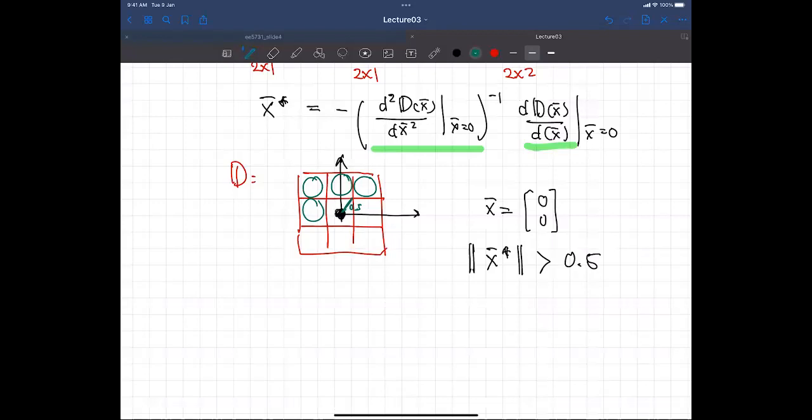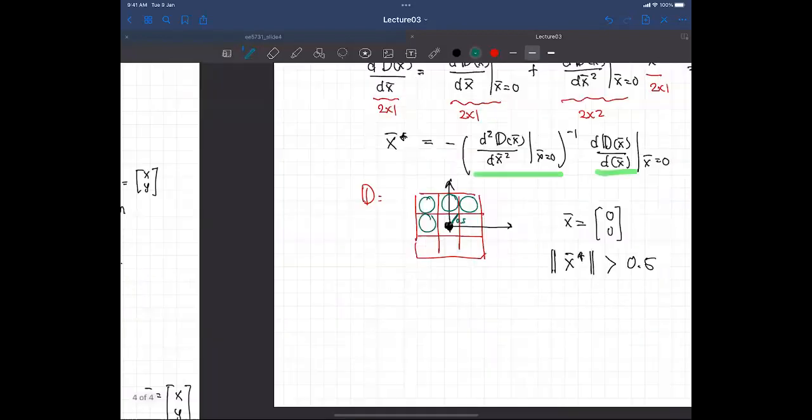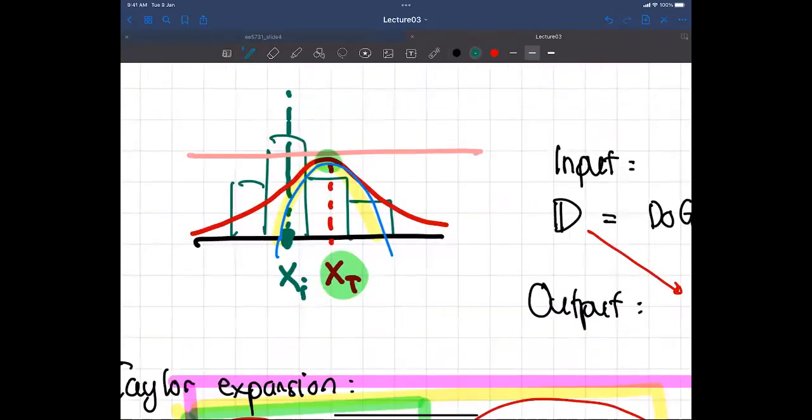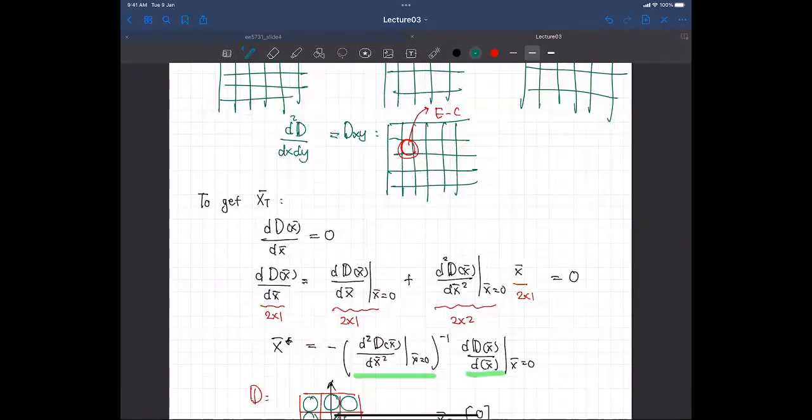Okay, so now what do we do next? If it is shifted to the next one, for example, then the next step is to test whether this one is greater or not compared to the threshold. So the second step is to compare with the threshold.